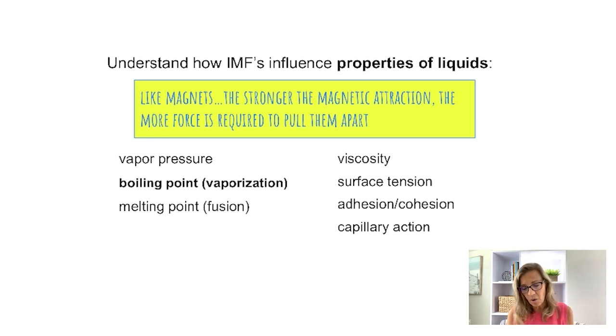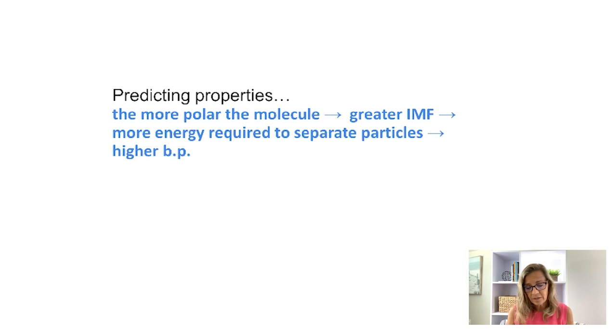So let's just look at one. There are several properties here that you need to think through based on IMFs, but let's just talk about boiling point. Let me give you an example. If we were to compare two substances, the boiling point, we're going to compare the polarity of the molecule. Let's say I had one molecule that was more polar.